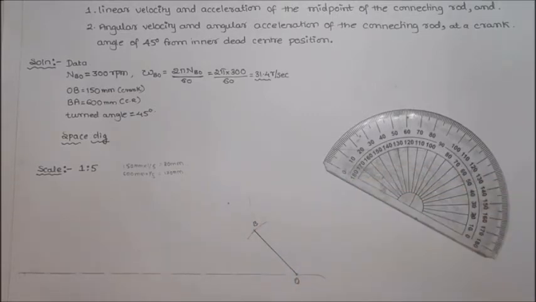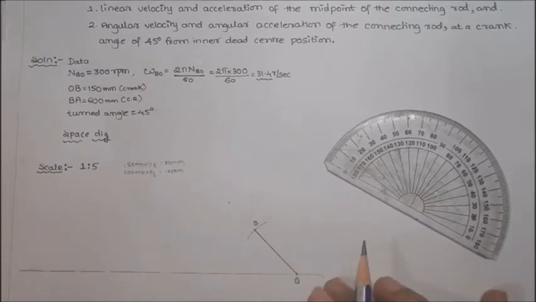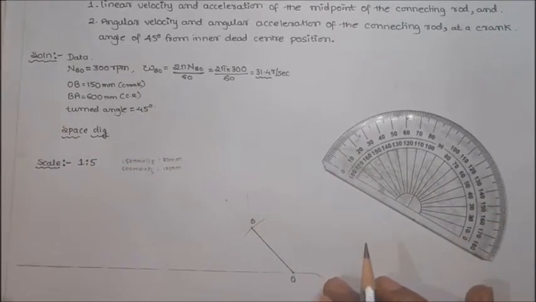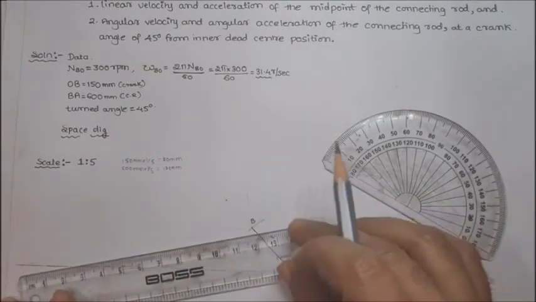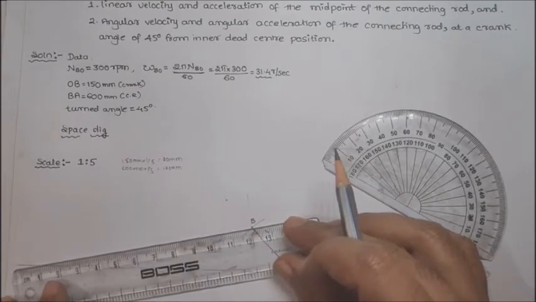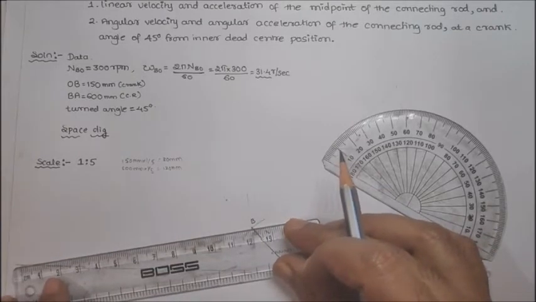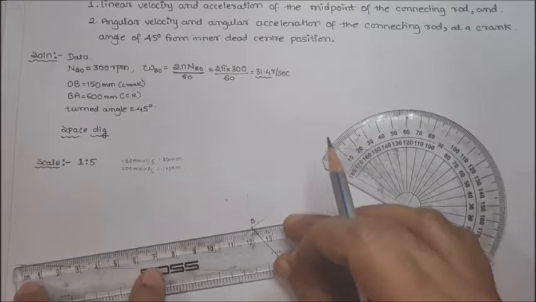Next we are having B to A. The next point will be the piston point, B to A. For finding that, the distance is how much? 120 mm. So from here we are going to measure 120 mm and cut an arc.